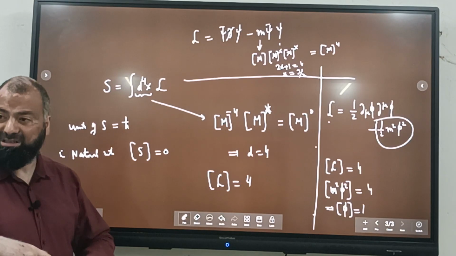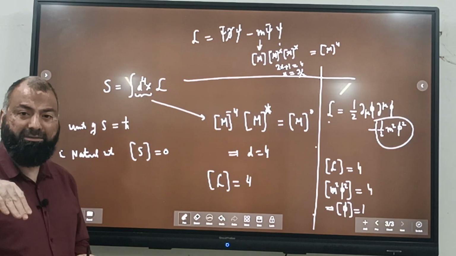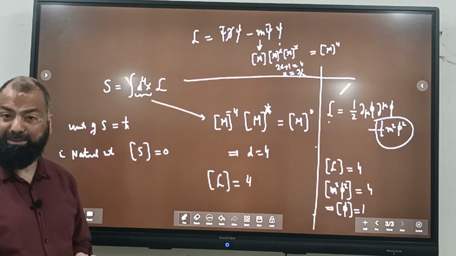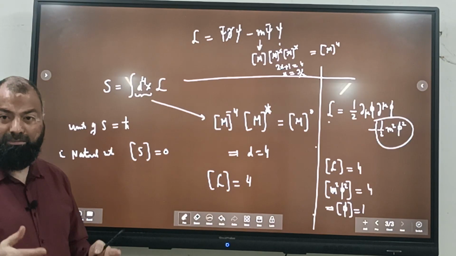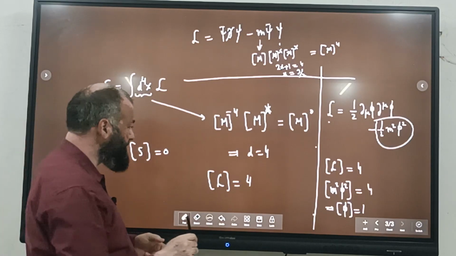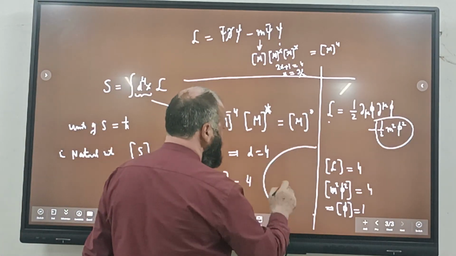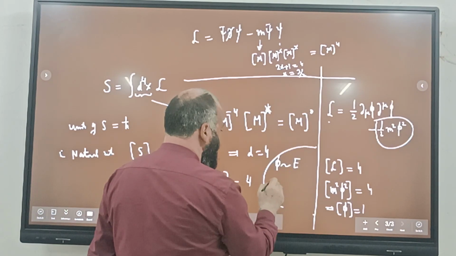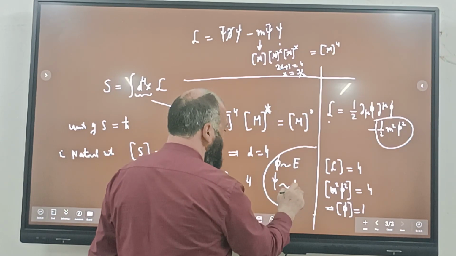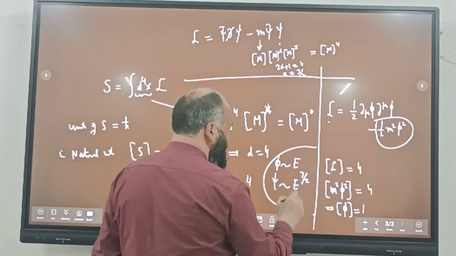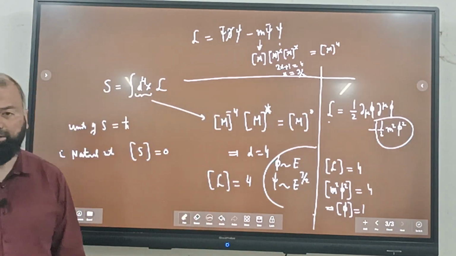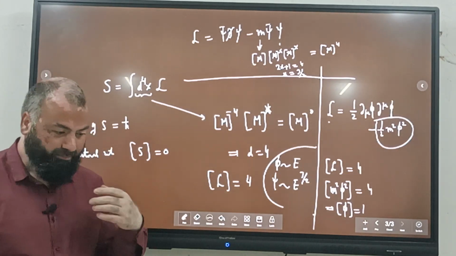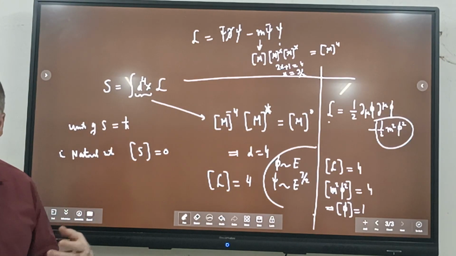So that means in 4-dimensional space time the scalar field varies as the energy and the Dirac field varies as energy raised to 3 by 2. So in other words, phi varies as some energy and psi varies as energy raised to 3 by 2. Okay, this is a very important thing when we do renormalization or regularization.